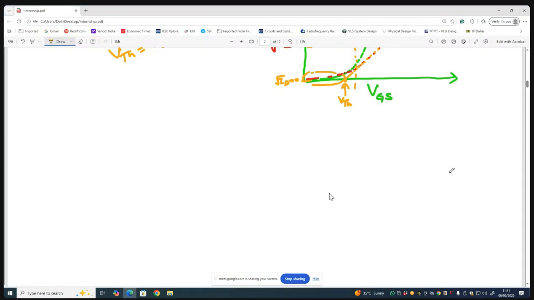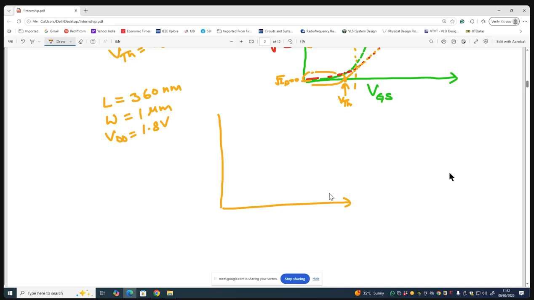So what you have to do, you shall plot the ID versus VDS characteristic for a transistor with 360 nanometer length and 1 micrometer width, and of course you shall use VDD equal to 1.8 volt, and using that you shall plot the square root of ID versus VGS characteristic and extract VTH, the threshold voltage.